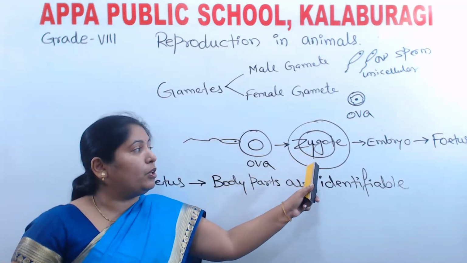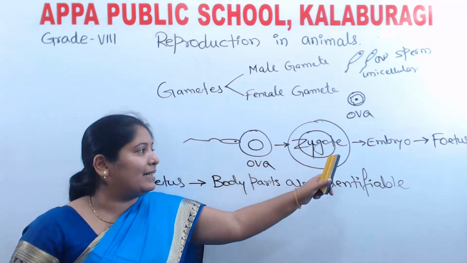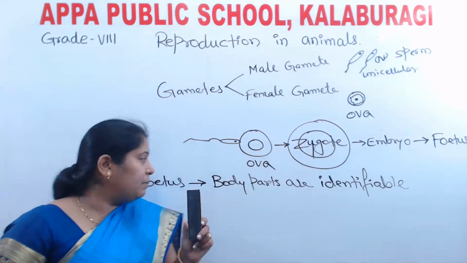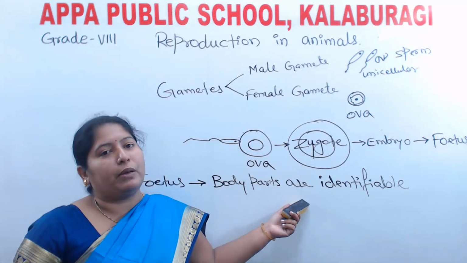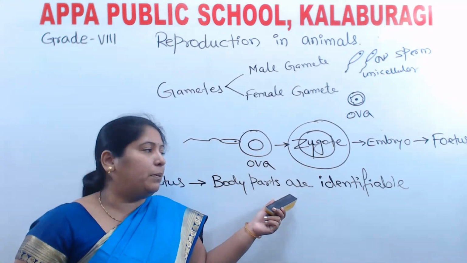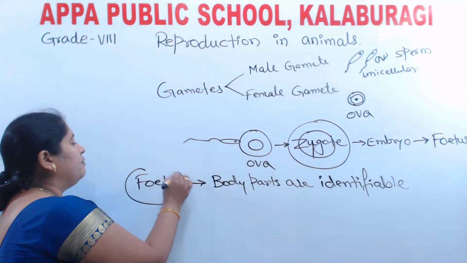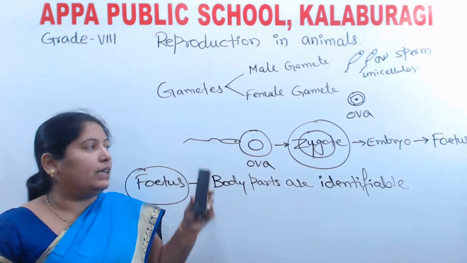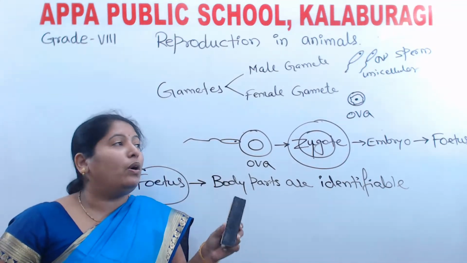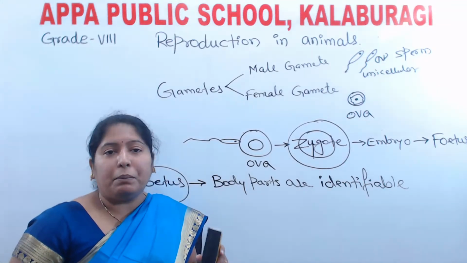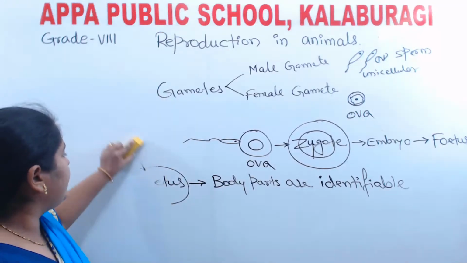But when that embryo undergoes the developmental stages and attains the fetal stage, we can easily identify all the body parts, internal as well as external. That's why it is now called a fetus. These are all the developmental stages which happen inside the womb of the mother. Right. So the next part.